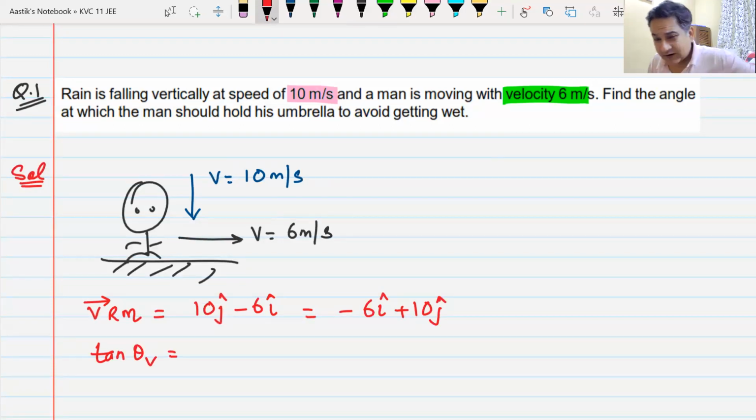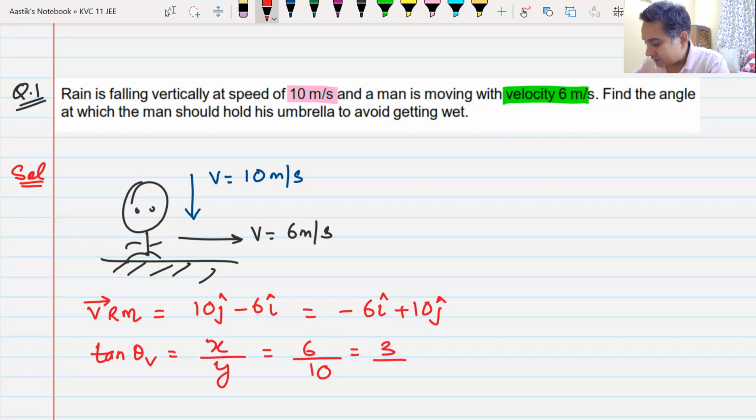Remember, whenever you are finding the angle with the vertical, you always divide x by y. Y is the vertical. If you want to find the angle with the horizontal, we divide y by x. The value of x here, we take the positive value, 6 by 10. Tan theta is 3/5. That is the answer.